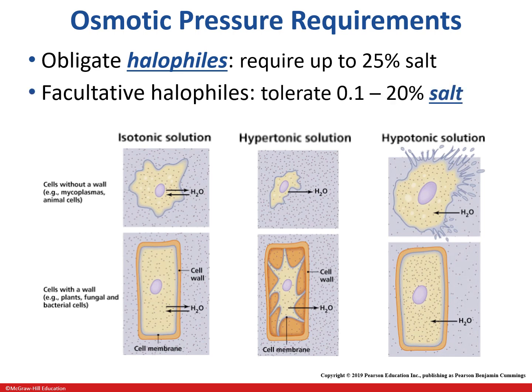Some organisms are facultative halophiles, which means they can tolerate higher concentrations of salt. So Staphylococcus, for example, would be one of those organisms that would be facultative halophiles. They don't mind the salt on the skin, whereas organisms that are unable to tolerate that salt, it's the osmotic pressure that's going to damage them or kill them, so to speak.